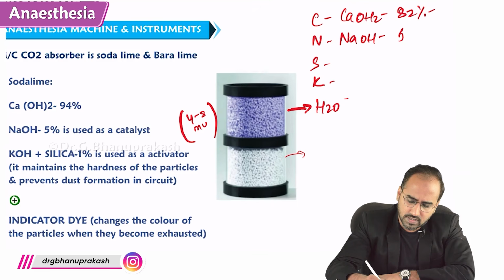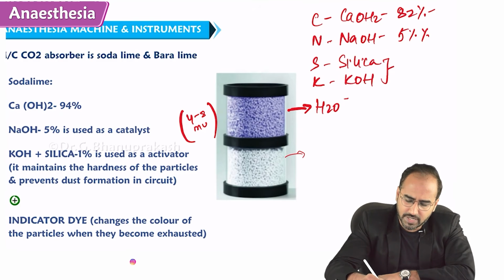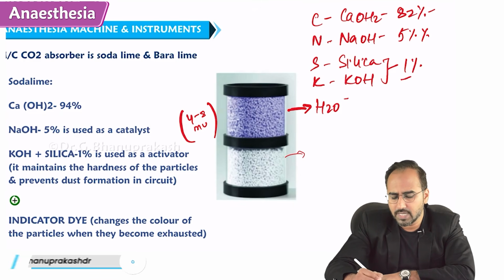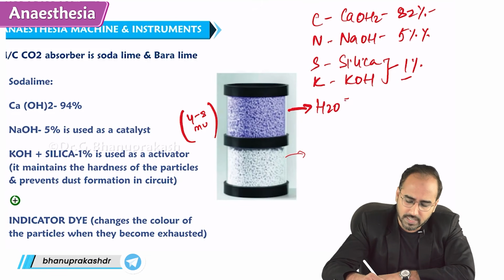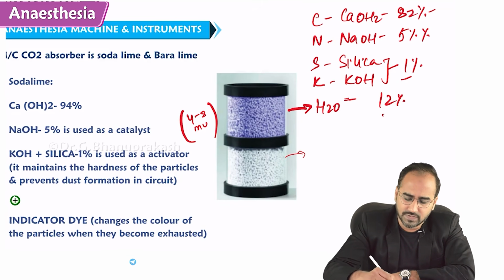N stands for sodium hydroxide. S stands for silica. K stands for potassium hydroxide. 1% of soda lime is silica and potassium. How many percentage done? 82 plus 5, 87 plus 1, 88. We are left out with 12%. Rest 12% is water.